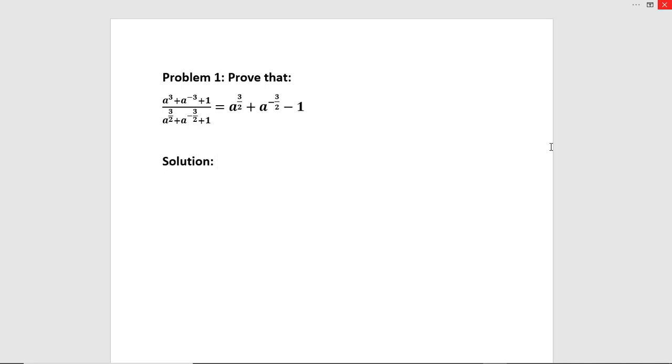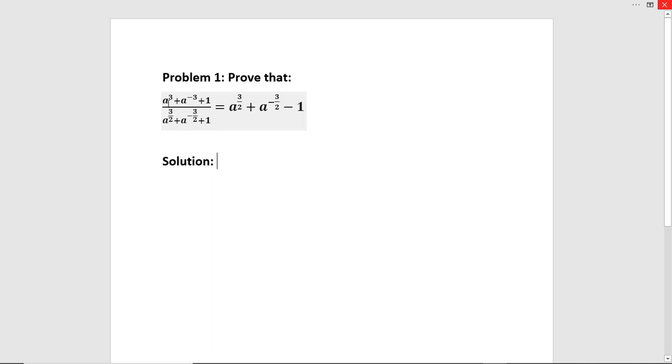Solution, look at here how to prove that. The easy way to prove that is, from the left hand side somehow we will get the right hand side. Left hand side is a fraction and right hand side is not a fraction.